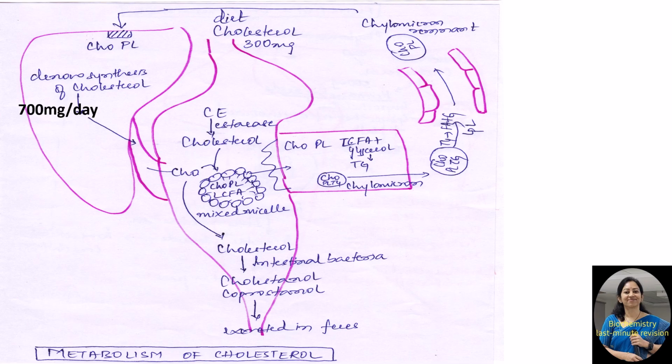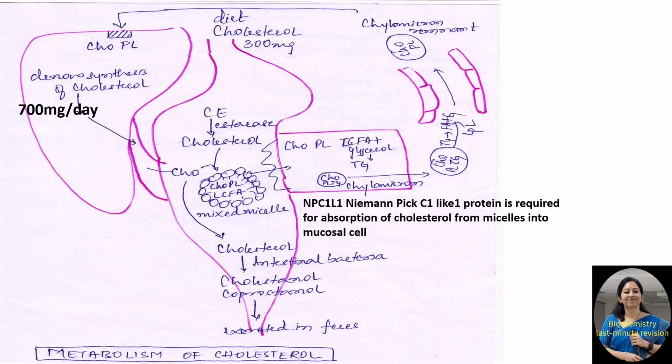Now the unabsorbed cholesterol is acted upon by the intestinal bacteria, which convert it to coprostanol, and this coprostanol gets excreted in feces.